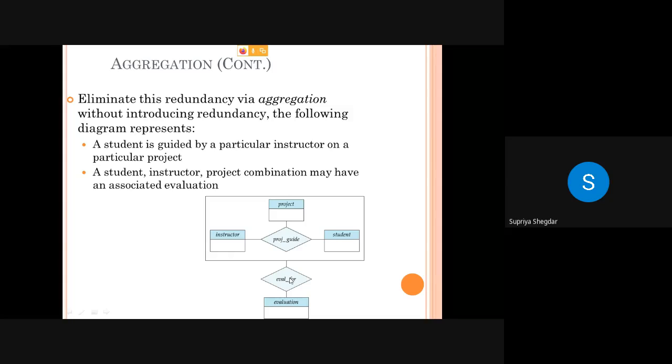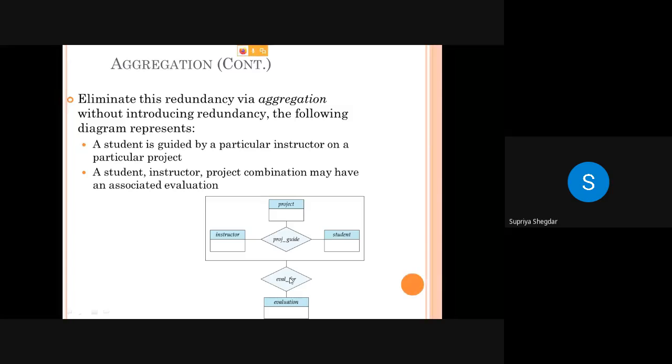Simply, aggregation is the abstraction through which relationship sets are treated as a higher level entity. So these, the specialization, generalization and aggregation, are some special or advanced topics of the ER diagram.